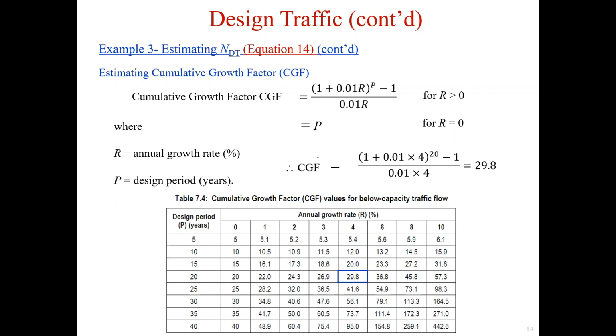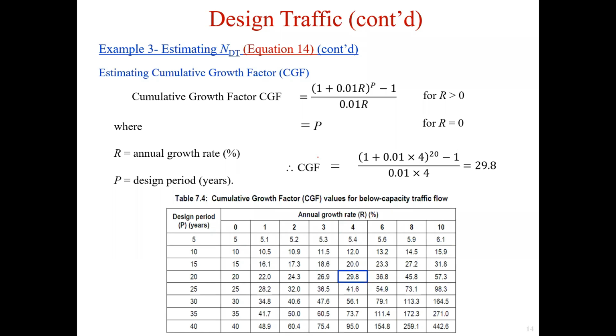Part of the task of estimating the cumulative traffic in the design lane over the design period is to estimate the likely changes in daily traffic loading during this period. The compound growth of traffic volumes is usually and conveniently specified as a percentage increase in annual traffic volumes. A typical statement being the annual growth rate is R%.